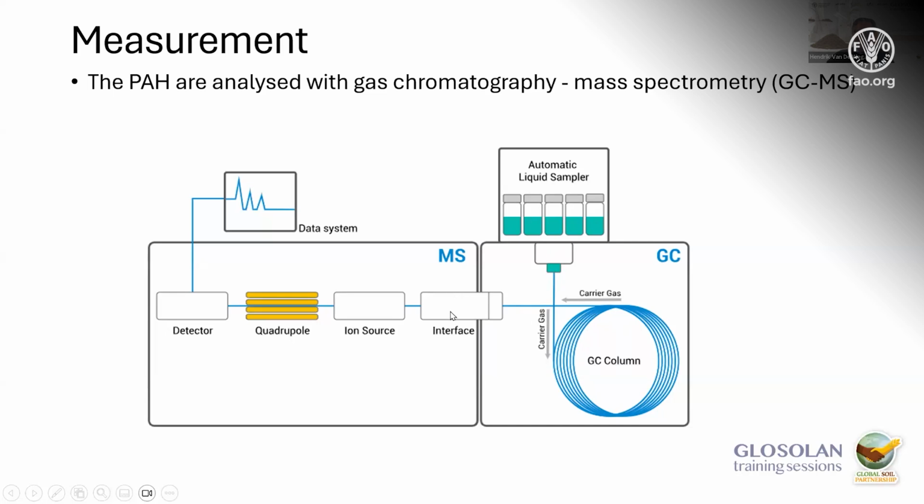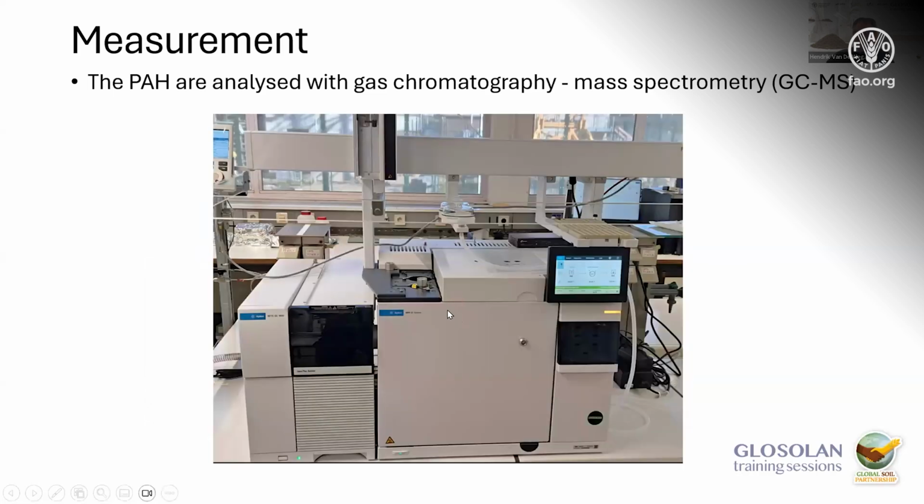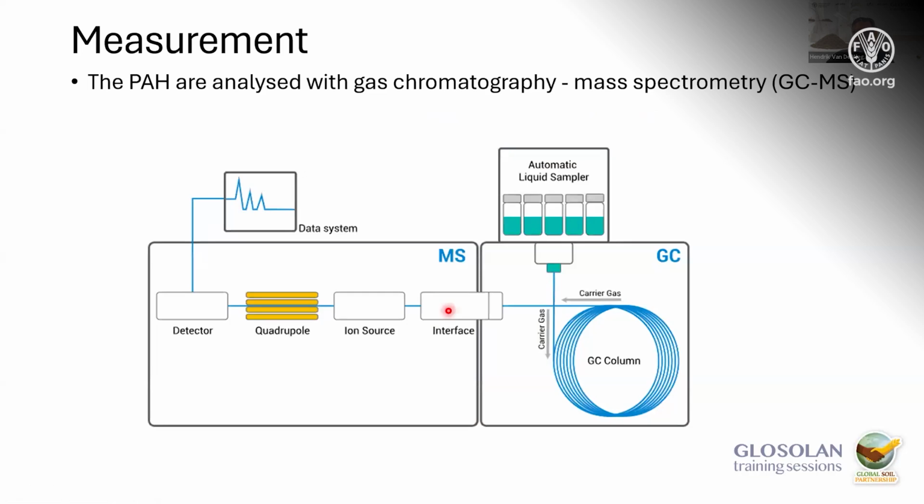The interface is held at 250 to 300 degrees, so that all the pHs can pass through, because the column just passes through a heated interface. This column is going through the interface into the ion source. Here it stops.